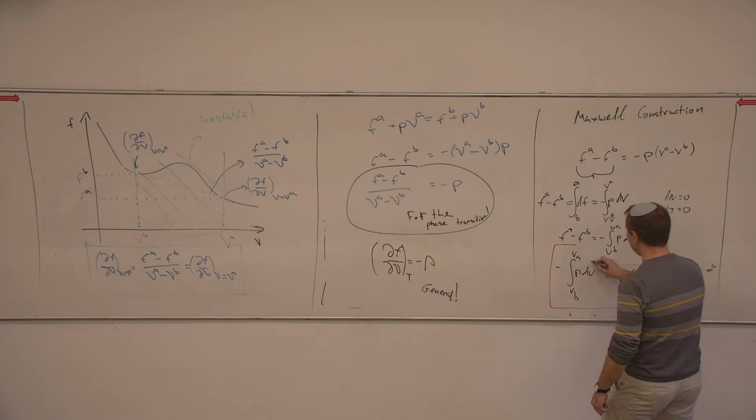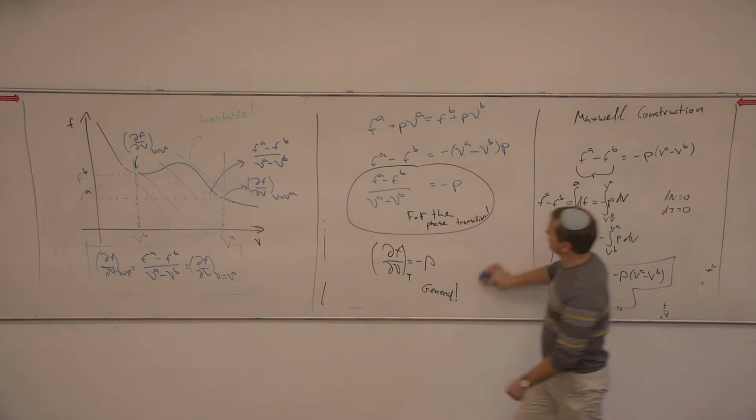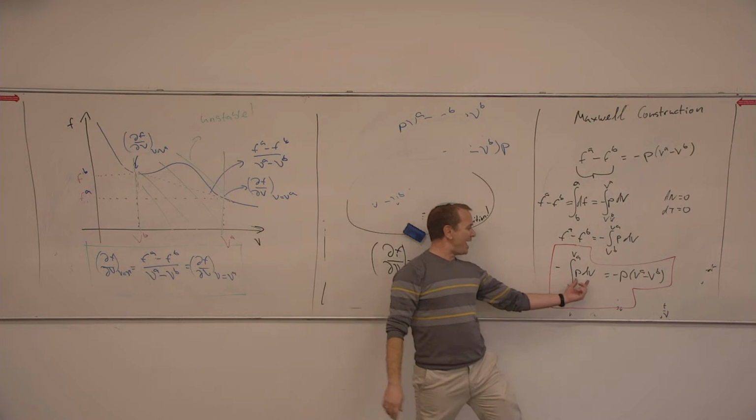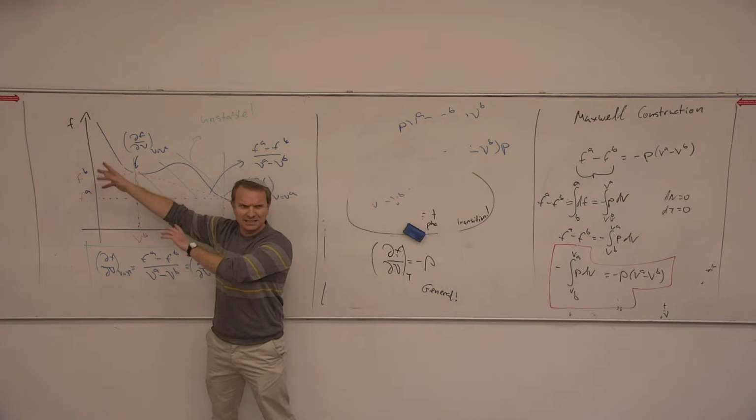Let's plot the geometrical interpretation of this equation. You use this equation in order to find the phase transition. What does it exactly mean? So, first of all, we're already back in the PV world, right? We are not in the free energy and so on.